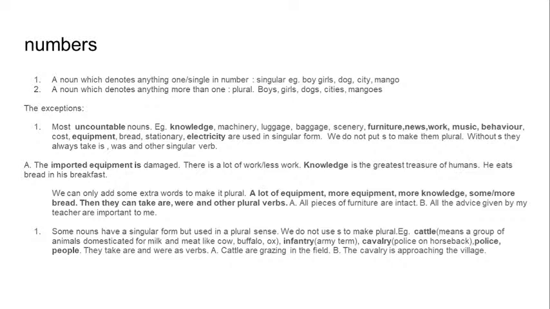Now, some words have a singular form but are used in a plural sense. For this you have to know the meaning, and consult a dictionary if you don't know any meaning, and remember accordingly. Example, cattle. What is that? It means a group of animals domesticated for milk, meat, like cow, buffalo, ox, anything.